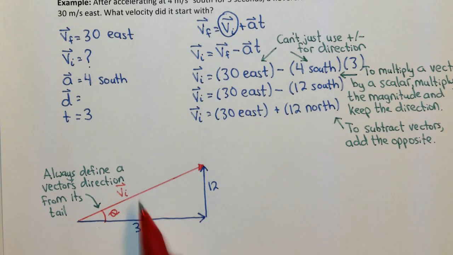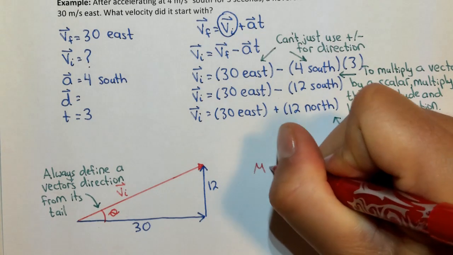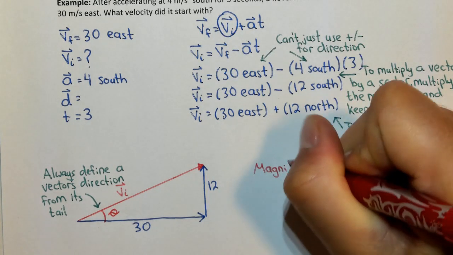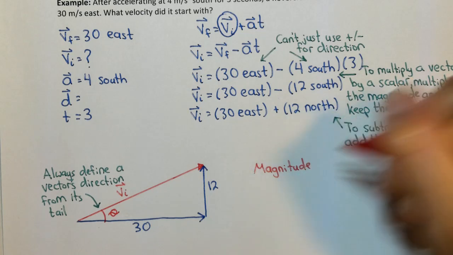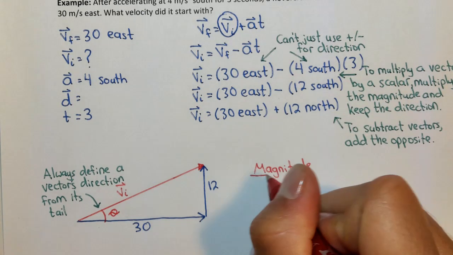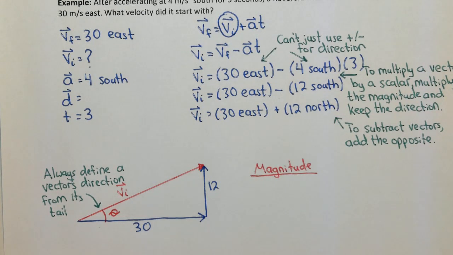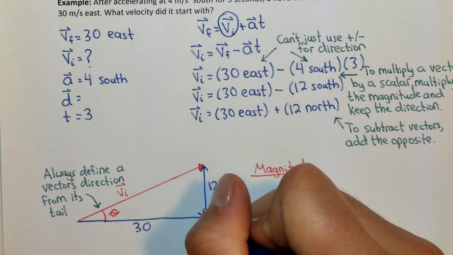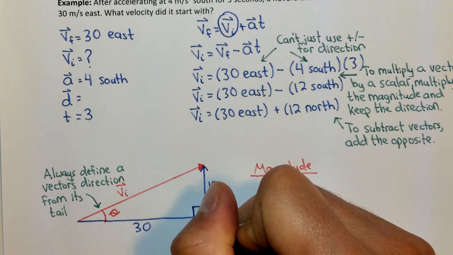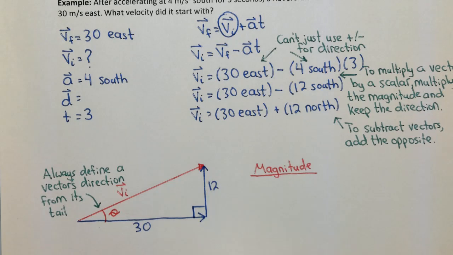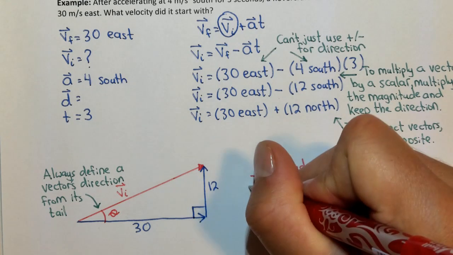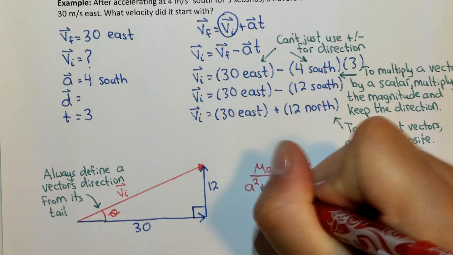Okay, so I need to find the magnitude and direction of this guy. Well, to find its magnitude, you may recognize this triangle as a right triangle. Because this was east and this was north, there's 90 degrees between them. So I'm basically just trying to find the hypotenuse in a right angled triangle. And for that, I can use Pythagoras.